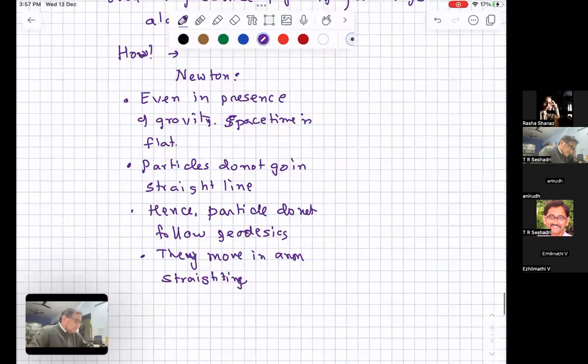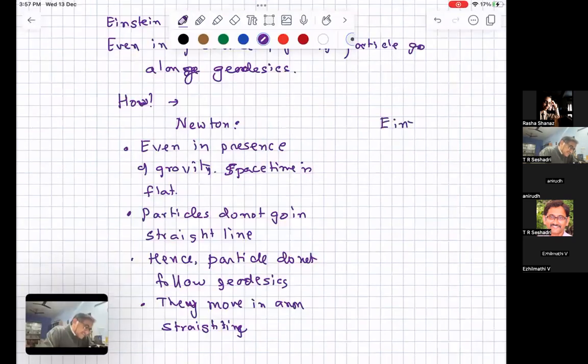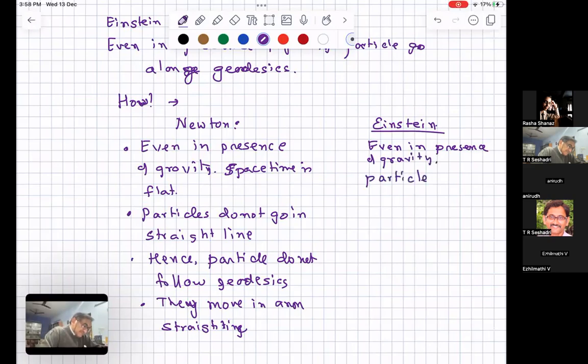Now, what was Einstein's picture? Einstein said that even in the presence of gravity, particles move in geodesics.